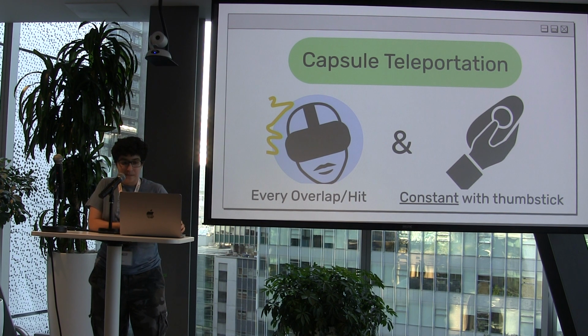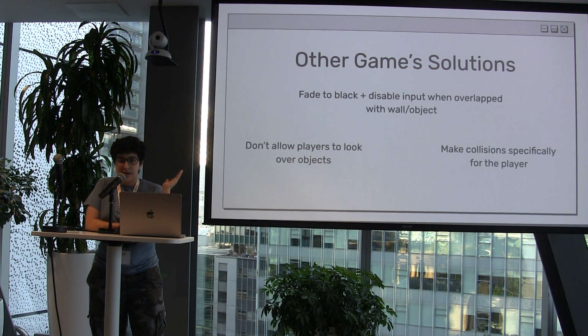Makes sense. Some other games implement other solutions, but we felt ours was the most suited to what we were trying to do. Some games will make it so that you fade to black and disable input whenever you move your head into a wall, but I felt like that was kind of distracting. And it feels a little weird because I tested it out. You can walk several steps forward, and then the moment you take one step back, it's like you're back wherever you were beforehand.